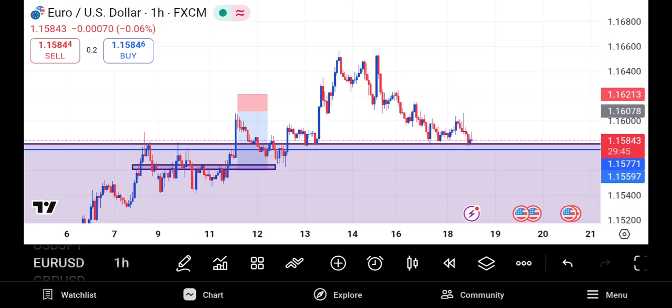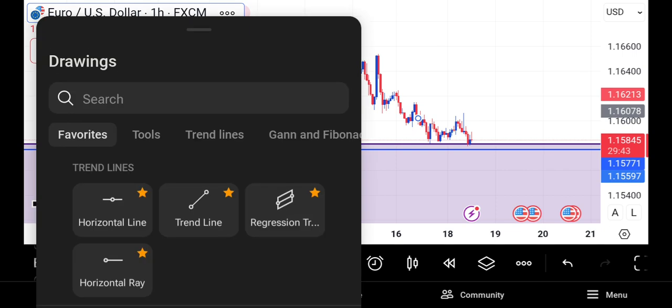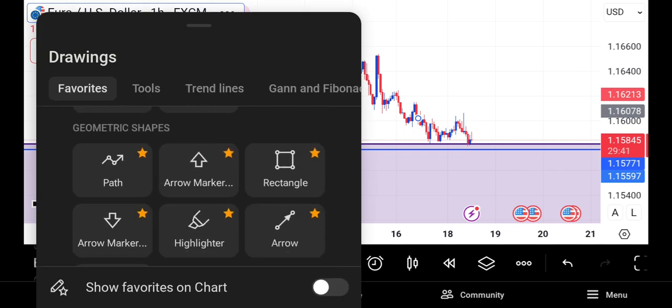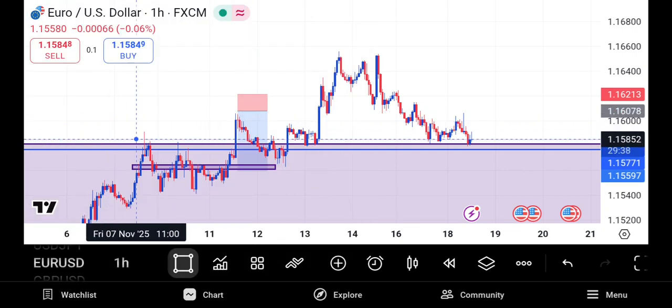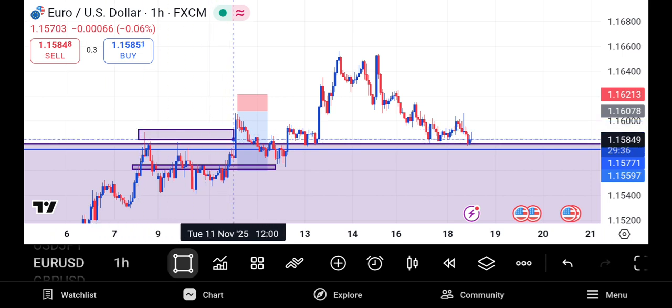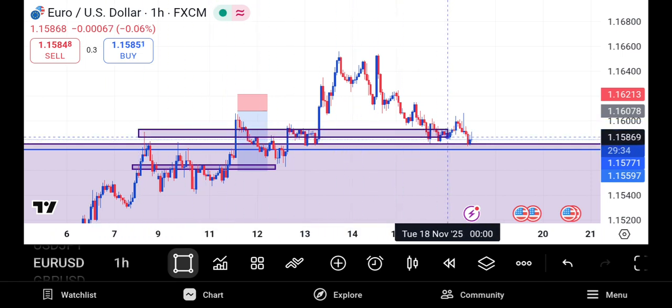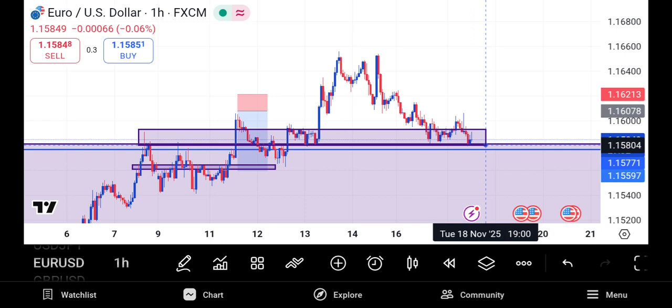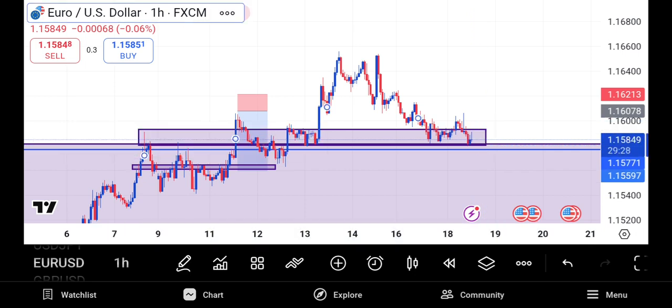Y'all can see that we've been respecting that support zone. And what do I mean by that? This is what I mean. We have this support zone right here that we've been respecting, and for us to execute, we gotta wait for price to reject and for the market to come to us, for price to show us that hey, it's literally gonna go up.